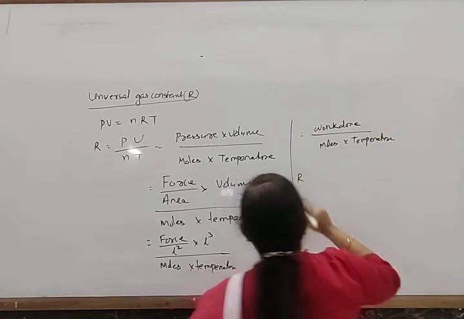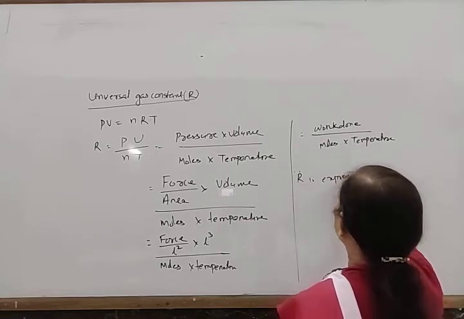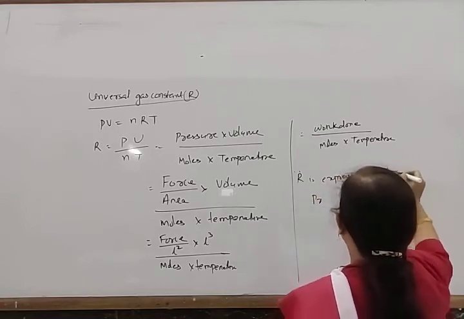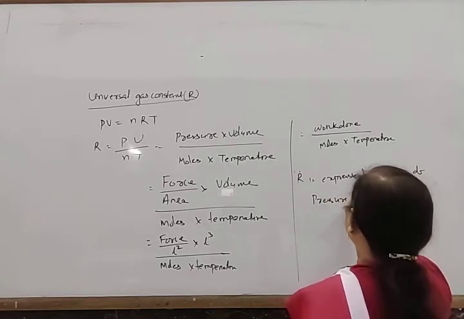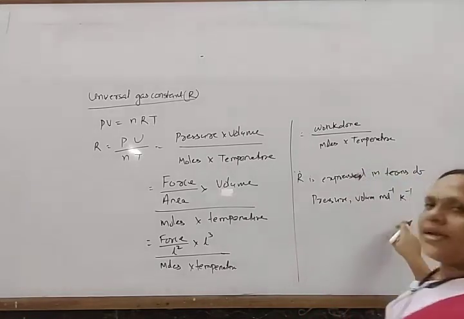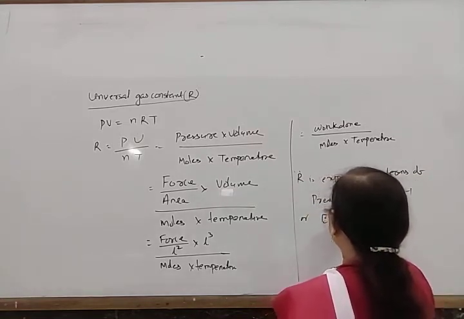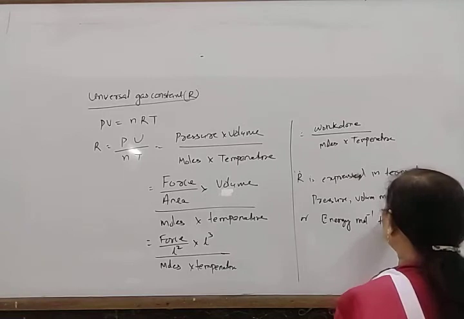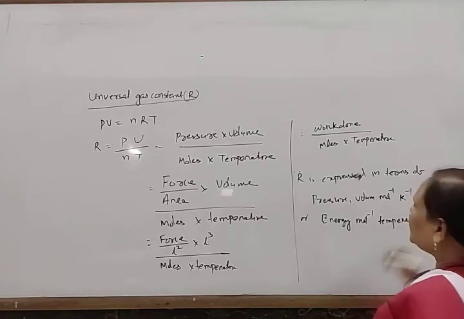So in this, R is expressed in terms of pressure, volume, mole inverse, temperature, Kelvin inverse, or it may be expressed in terms of the units of energy, mole inverse, and units of temperature inverse.